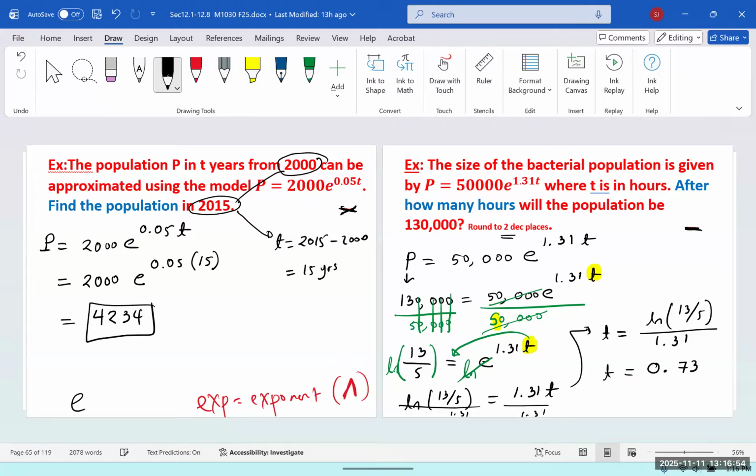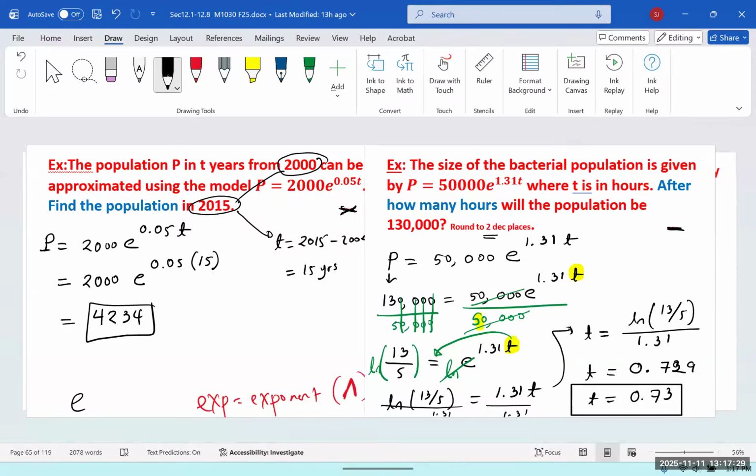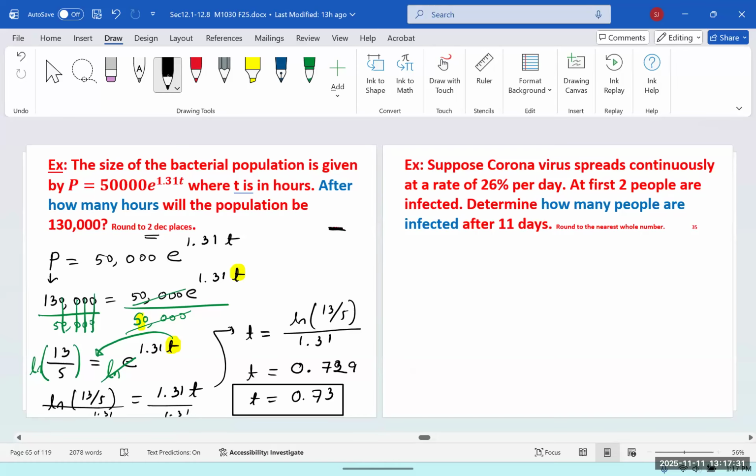It is rounded to two decimal places. What number do you have after 73? 729, so after rounding 0.73. Do any of you hear anything different than 0.73? Same? Good job. You should practice here, because in the exam you have no idea how to plug everything in the calculator, or how you know whether what you plugged in is correct or not. Calculator is a very tricky thing, trust me. It follows PEMDAS really, really strictly.